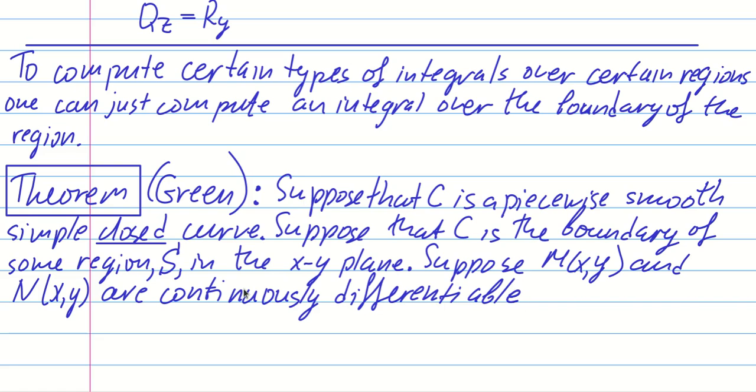It means not only the derivative exists, but the derivative itself is a continuous function. So where is it continuously differentiable? It's continuously differentiable along C and also in S. All right, so that's all we need to consider.